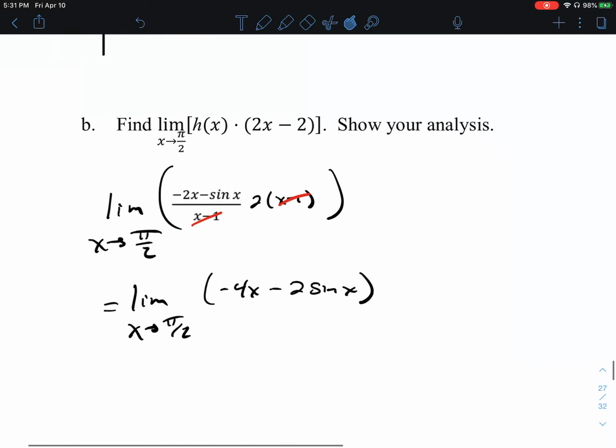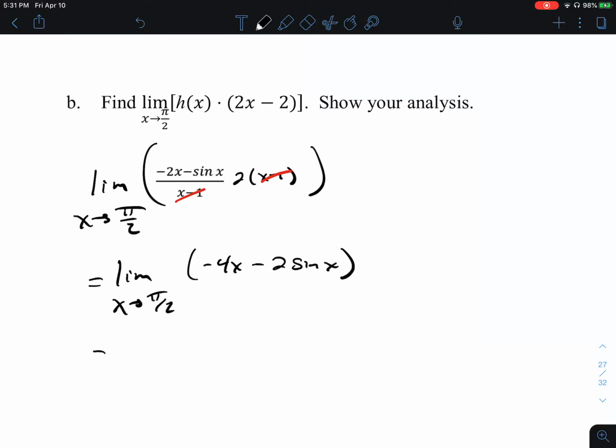Now I'm going to evaluate the limit using substitution. It's going to be negative 4 times pi over 2 minus 2 times sine of pi over 2. Pi over 2 is on the positive y-axis. Sine of pi over 2 is going to be 1.